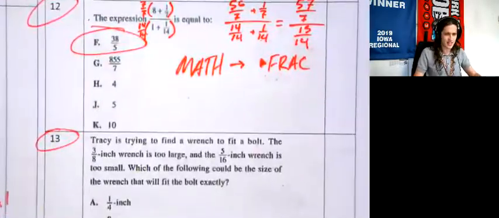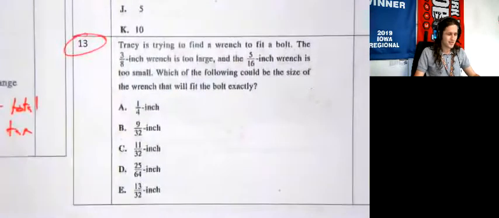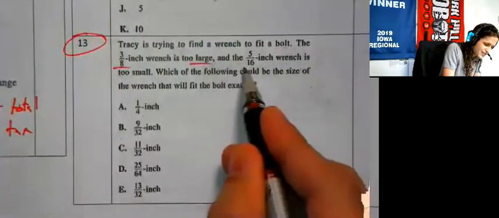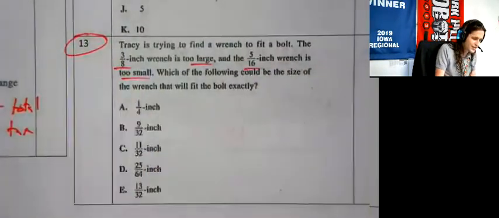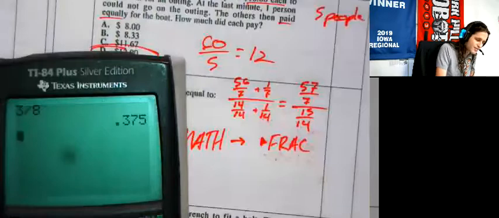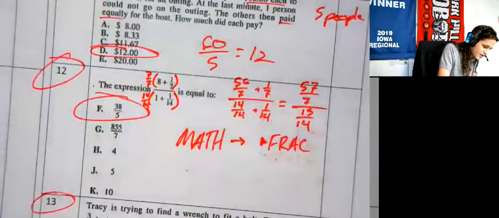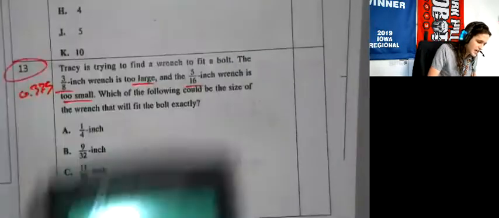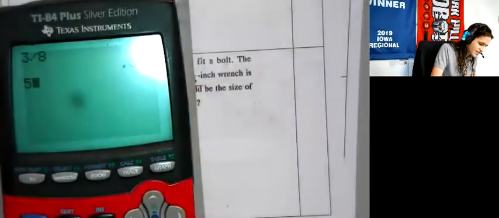Maybe like, I mean, this one's like, can you put stuff in your calculator quick? 3/8 is too large. 5/16 is too small. You go to your calculator and you say, okay, well, what's 3/8? All right, 0.375. And then you say, what's 5/16?